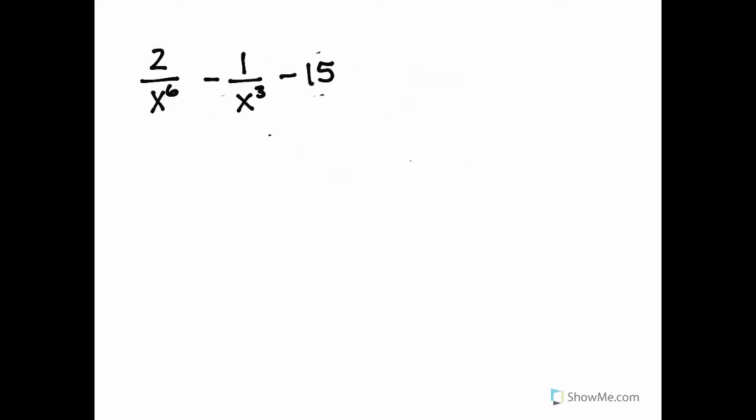Let's see if we can factor 2 over x to the 6th minus 1 over x cubed minus 15. I have an x to the 6th, well, it's really a negative 6 power, and an x to the negative 3 in descending order, and we end in a constant, so it looks like it might be quadratic in form. And the middle term here would be what we would choose for u.